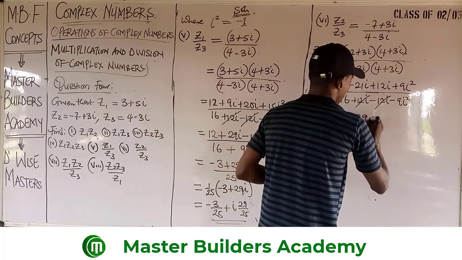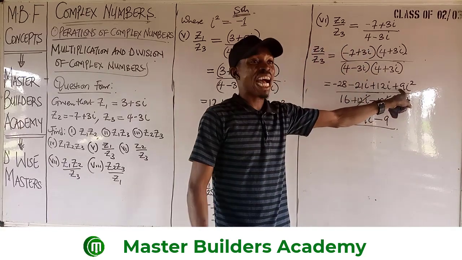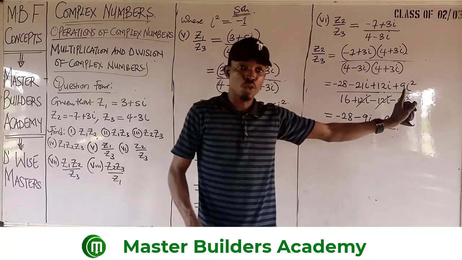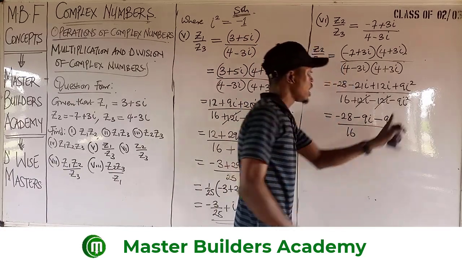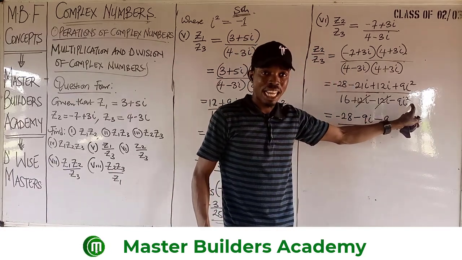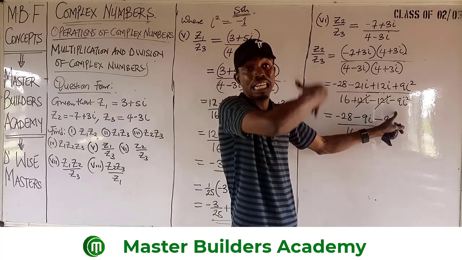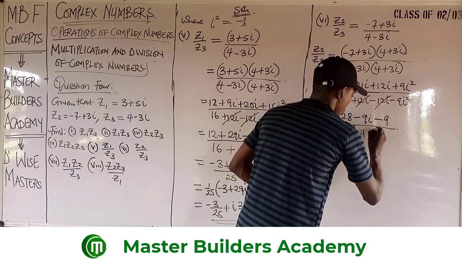So this is minus 9i, then minus 9. But remember, this is plus 9 while we have i squared. Now that we are removing i squared, we introduce a negative sign. Then we have 16. Again, we have negative 9 here while we have i squared here, this was negative. Now that we are removing the i squared, it will now turn to positive 9. Then we have this as plus 9.